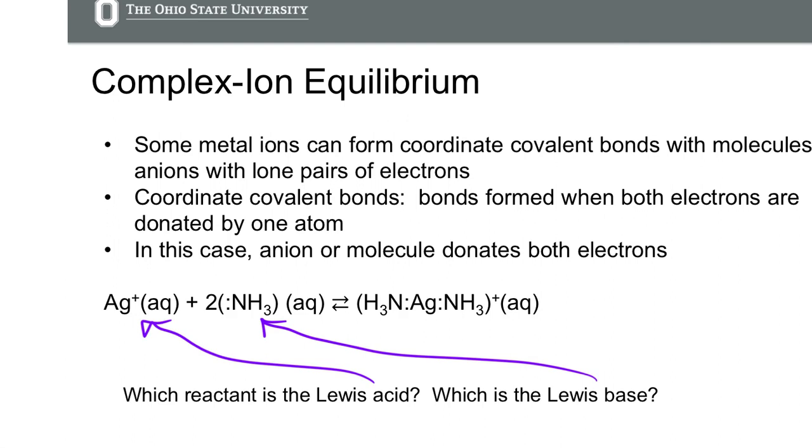Again, a Lewis acid accepts electrons, and the Lewis base donates electrons. Okay. When we're talking about complex ion equilibria, conceptually it's important to think about the bonds that are formed between a cation and anion, and many times we're talking about coordinate covalent bonds. So a coordinate covalent bond is a specific type of covalent bond. Electrons are shared between two atoms, but with a coordinate covalent bond, the electrons that are shared come from one species or one atom.